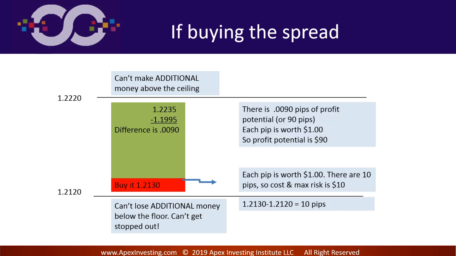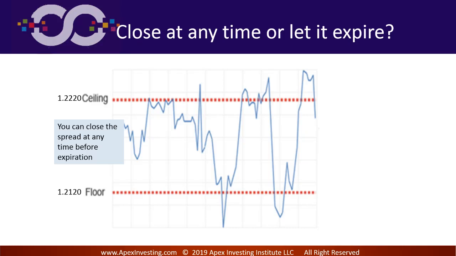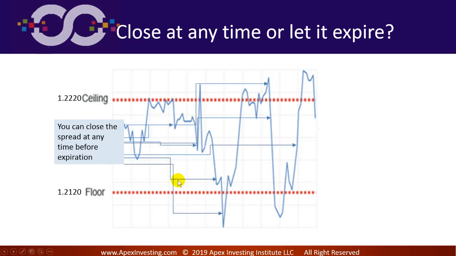Now, what happens if you want to close it and you don't want to wait until expiration? Well, you can close the spread at any time before expiration. So you could get on here and literally decide to sell this contract, okay? It comes down and you could buy it. You could buy it and it could fly up and you could get out.